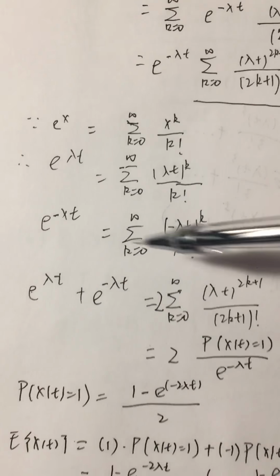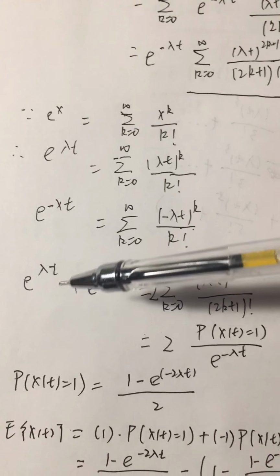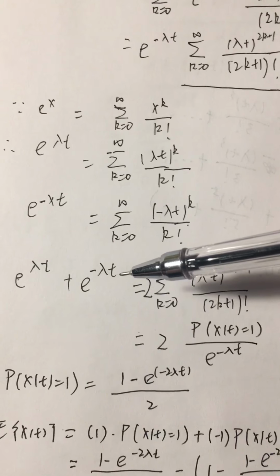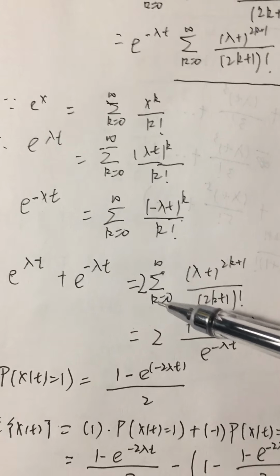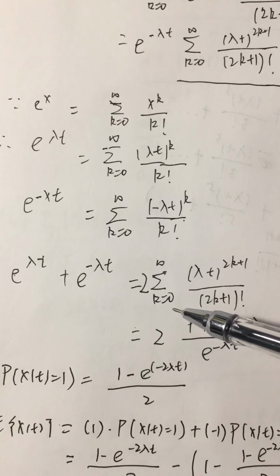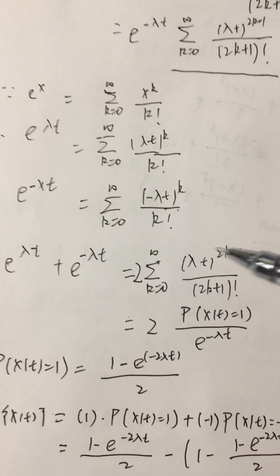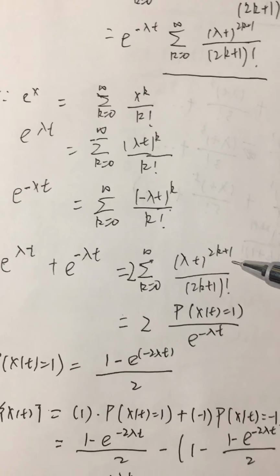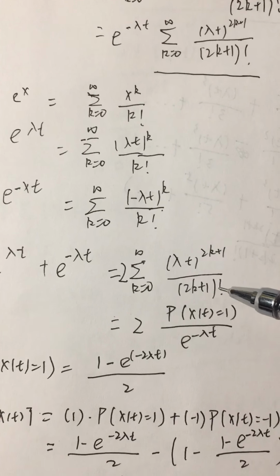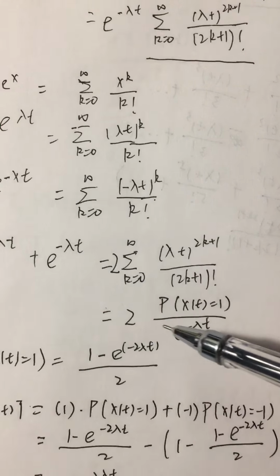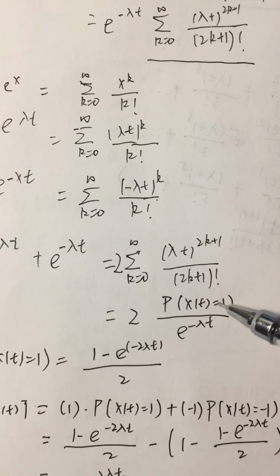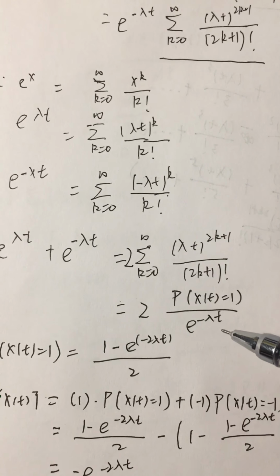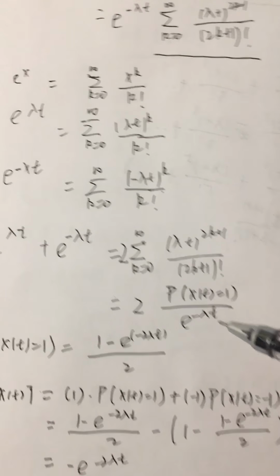So we get e to the power lambda t plus e to the power negative lambda t equals 2 times the sum from k equals 0 to infinity of (lambda t) to the power of 2k plus 1 divided by (2k plus 1) factorial, and this equals 2 times the probability of X(t) equals 1 divided by e to the power negative lambda t.